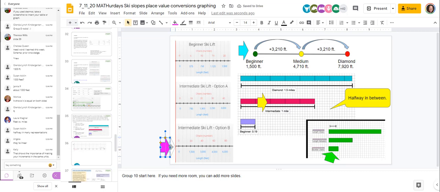Lovely. What units did Sally use in these representations? What do you notice?